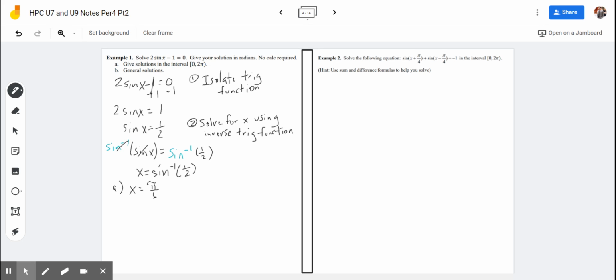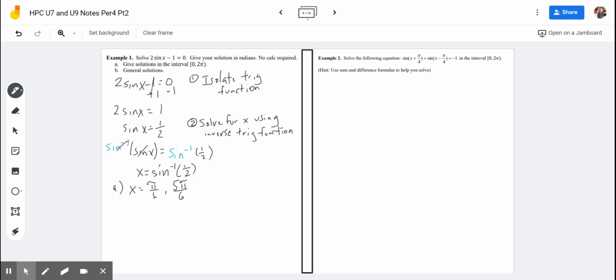And remember, using the reference angle and by symmetry, it's pi over 6 above the x-axis, which is going to be at x equals 5 pi over 6. All right, so this is what our solutions would be over the interval 0 to 2 pi.